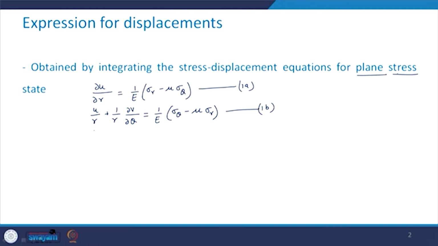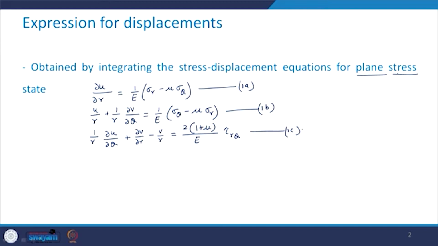Then the next one is 1 upon r del u del theta plus del v del r minus v upon r is equal to 2 into 1 plus mu divided by E into tau r theta.